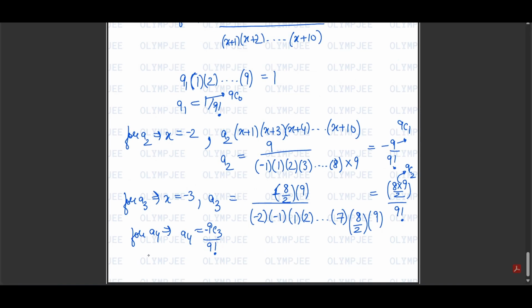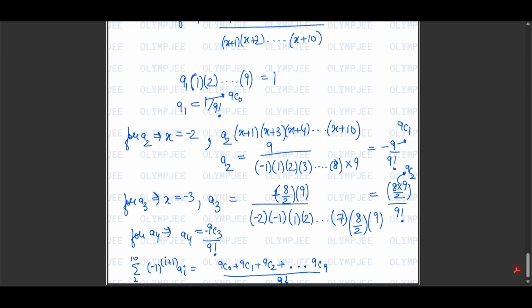So what we'll be finally left with is, this summation would give us 9c0 plus 9c1 plus 9c2, so on till, this subscript gives us a lower subscript in the C, right? So 10 will give us 9C9, and this would be divided by 9 factorial.